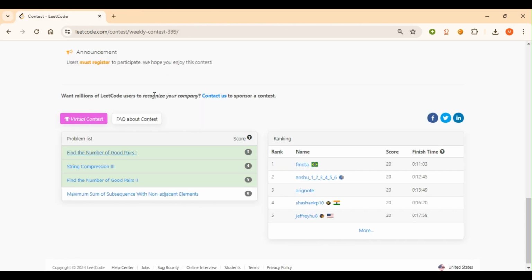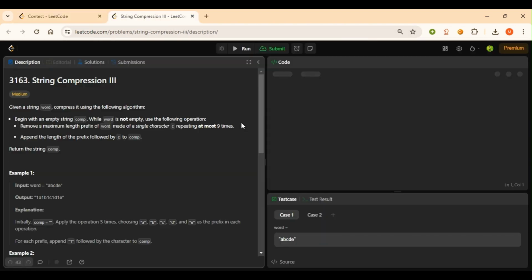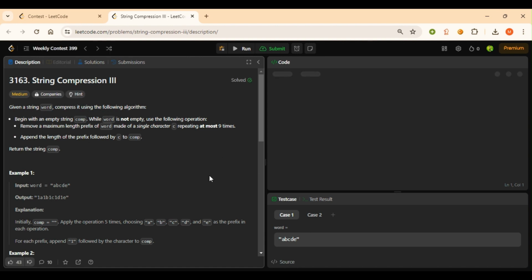The second was based on a greedy approach, I would say. In this we are given a string of lowercase alphabets, and we need to count the consecutive similar letters.